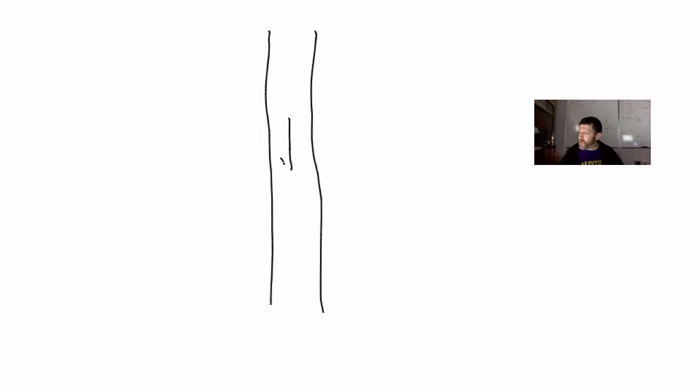What happens if I have a wire like this? Here's my wire, and I've got current going down this way. There's the direction of current. My question to you is, right here and right here, which is the direction of the magnetic field at those 2 points? Let's go ahead and figure that out.